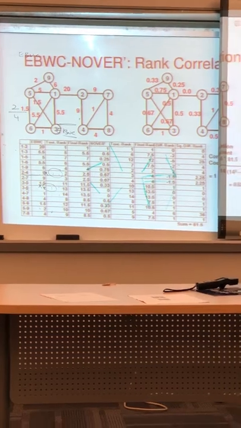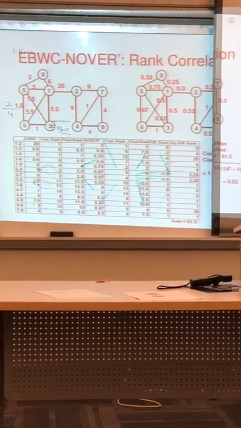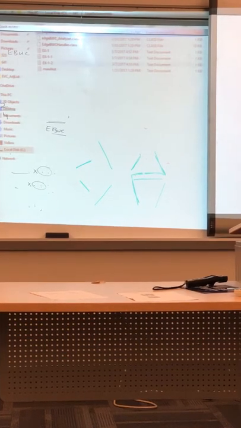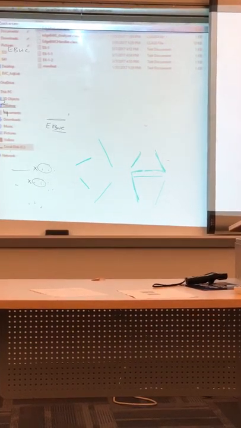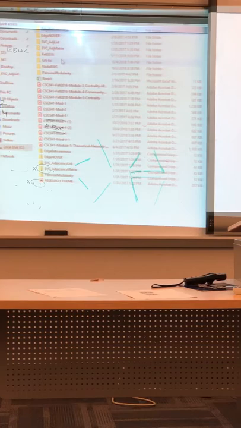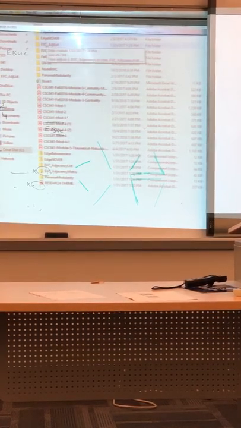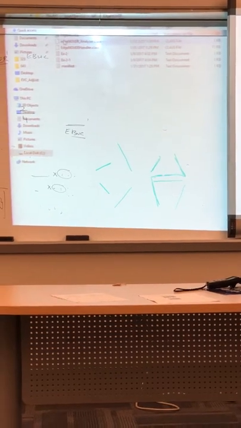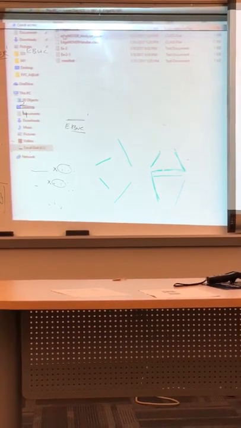Again, as I said, you don't have to determine the neighborhood overlap score manually. There's another program I have given you, edge NOVER, that you can use to determine the neighborhood overlap score for all the edges.